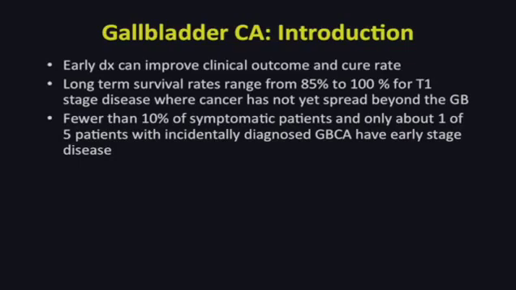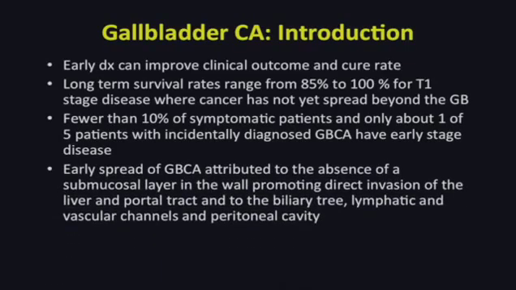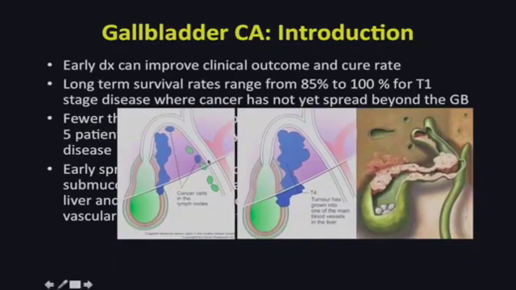early-stage disease. The early spread of gallbladder cancer is attributed to the absence of a submucosal layer in the wall, which promotes early and direct invasion of the cancer to the adjacent hepatic parenchyma, also to the biliary tree.